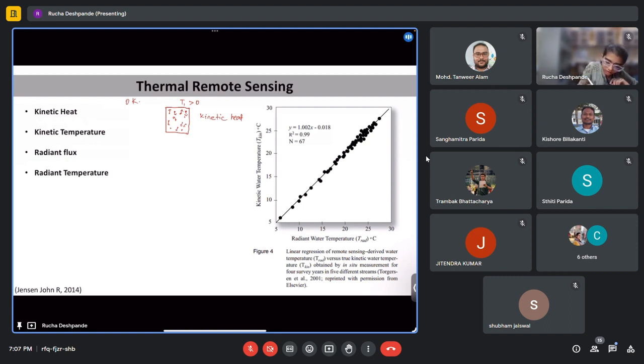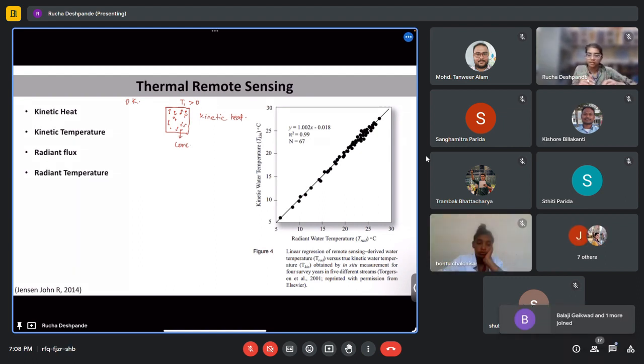And this kinetic temperature would be the measure of the concentration of heat of these particles. So we have T kin, the kinetic temperature, which is the actual temperature of that body.